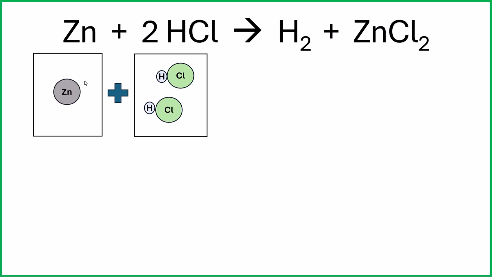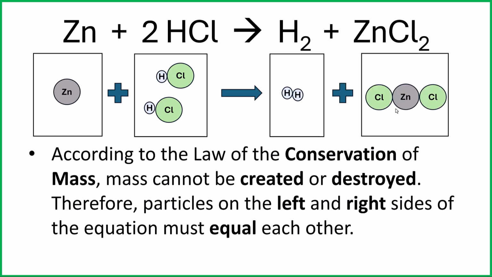And as we know, these get rearranged in a chemical reaction. So these intramolecular forces between the atoms of a molecule within the molecule are going to break and be rearranged. But we're going to maintain the same number of atoms throughout the chemical reaction. So on the other side of this equation, our products are H2 gas and zinc chloride.